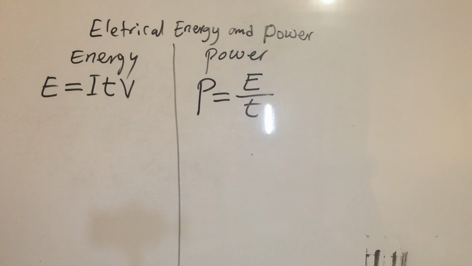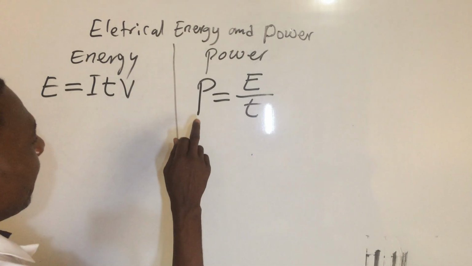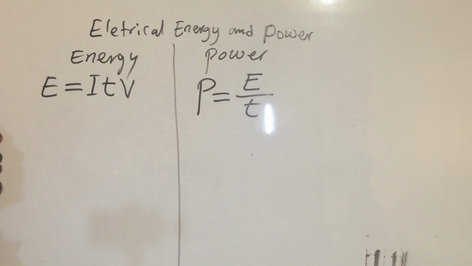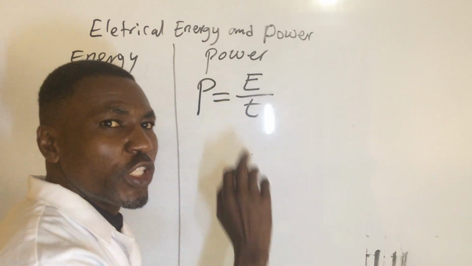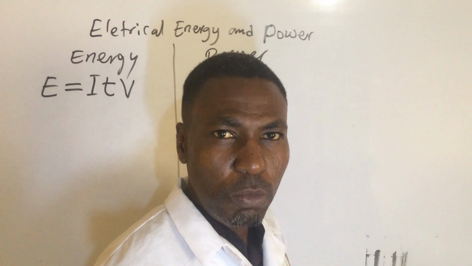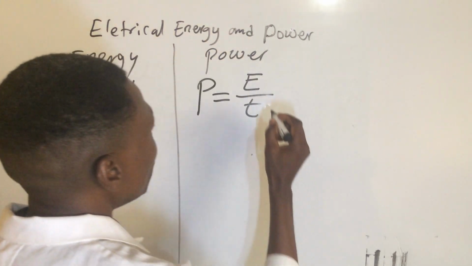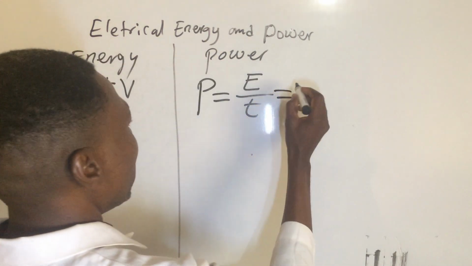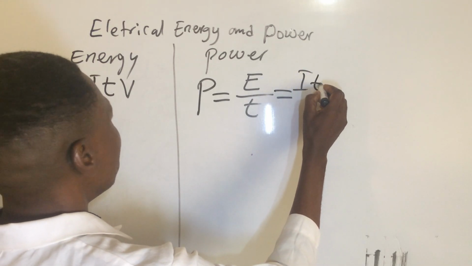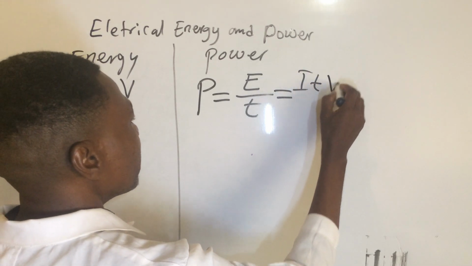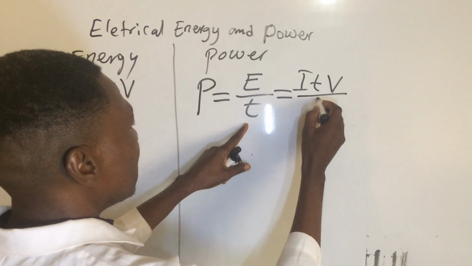Now, you know that E, which is electrical energy, has the formula current times time taken times voltage, all over the time here.